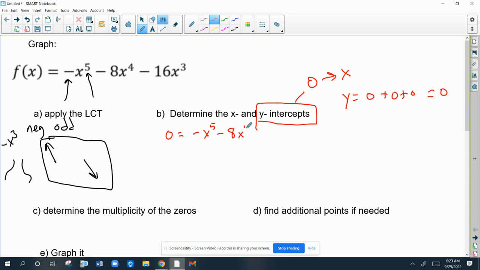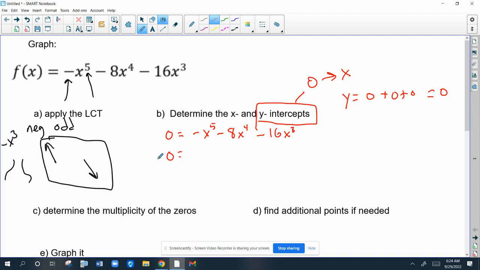When you see more than one x, like we have here, it usually means you're going to factor. Always look for a GCF first. The greatest common factor, they all have x's, so I'm going to factor out the x cubed. But also notice that the first term is negative, so you'll want to factor out a negative to make that a positive one.